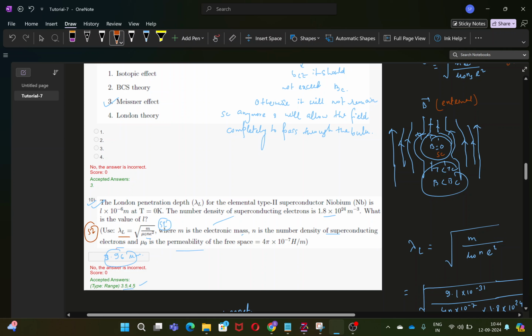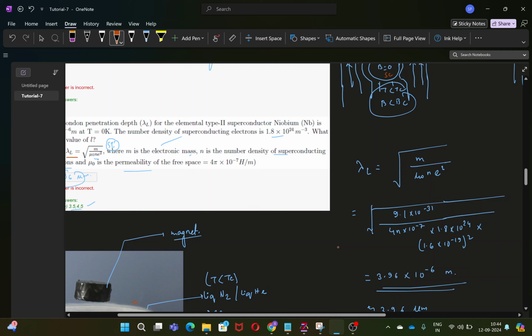So in SI units, lambda L is equal to root over m by mu naught n e square. m is the electronic mass, n is the number density of the superconducting electrons, and mu naught is the permeability of free space. So you just directly use that expression and put the values in.